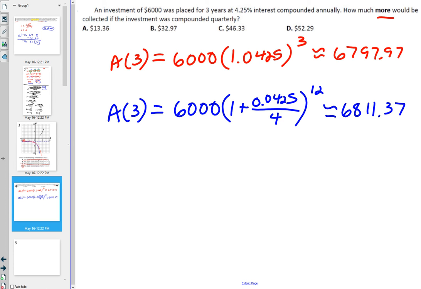6811.37 minus 6797.97. Is it 114? Wait, no, 13. It's gotta just be this one, right? 1336. That's weird. That's not 1336. What'd you get?